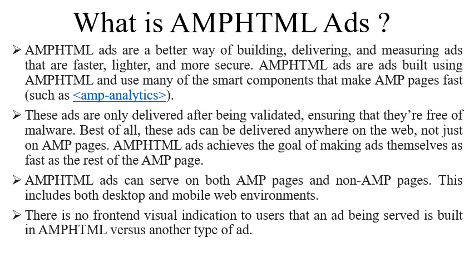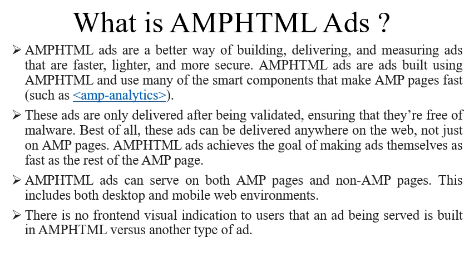So the ad loads faster and in a smooth manner. These ads are only delivered after being validated, ensuring that they are free of malware. Best of all, these ads can be delivered anywhere on the web, not just on AMP pages. AMP HTML ads achieve the goal of making ads themselves as fast as the rest of the AMP page.